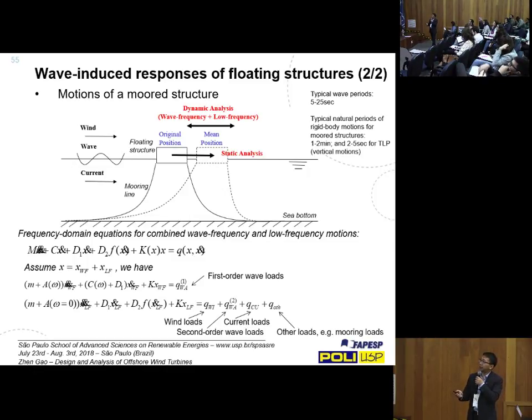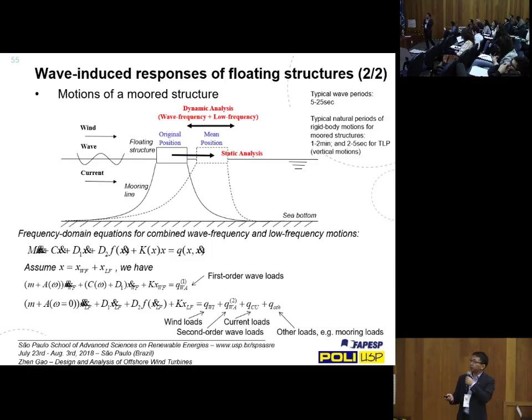And because the moorings are relatively soft, they give a small restoring effect. And then on that, you will have dynamic loads when you have oscillation along the mean position. You have oscillation due to first order wave loads. We refer to that as wave frequency oscillation. And then you have resonant motions due to the second order wave loads, which are typically slowly varying.